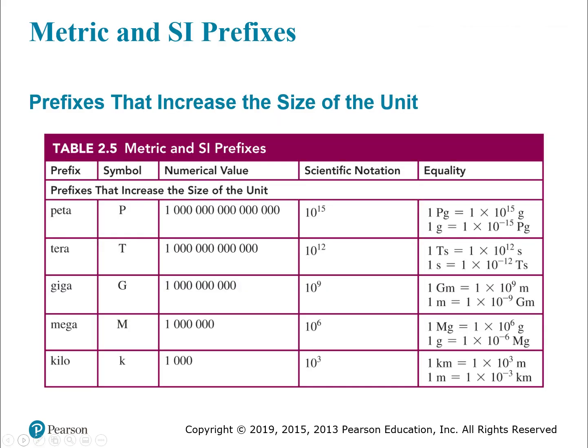So there's one big table that shows all the prefixes. We're breaking it up. We're looking at prefixes that increase the size of a unit on this slide. Okay, so we're starting with kilo down at the bottom and working our way all the way up to peta at the top.